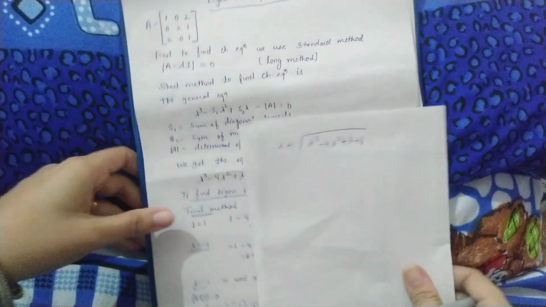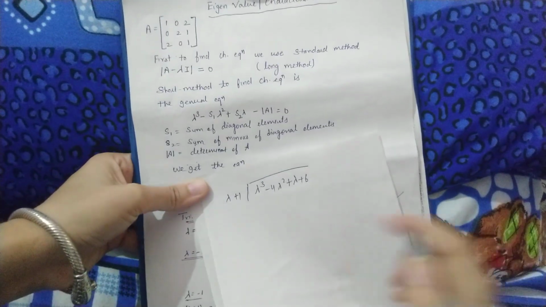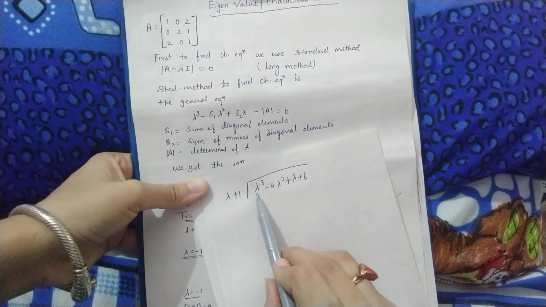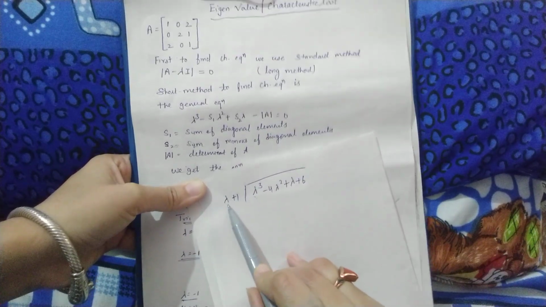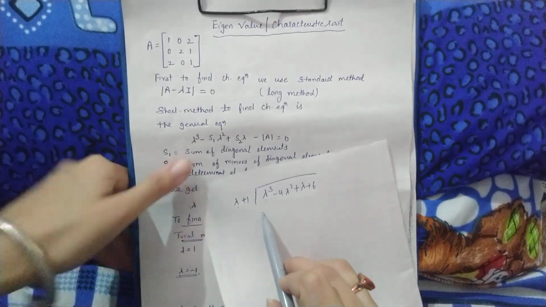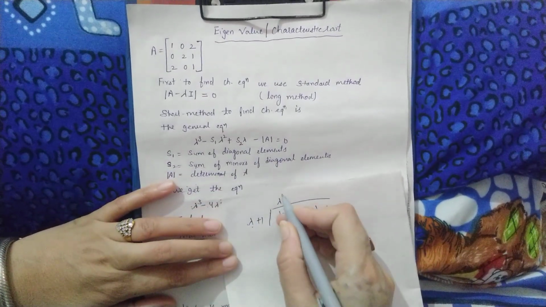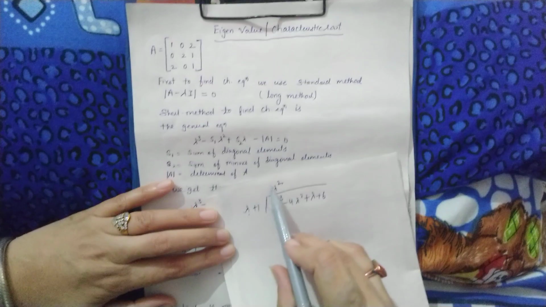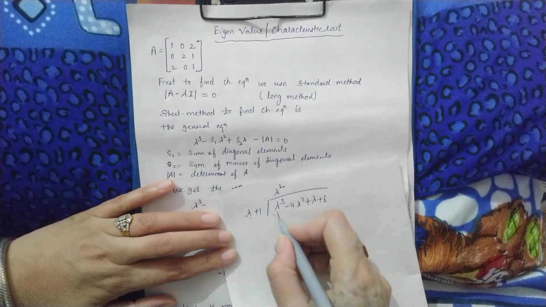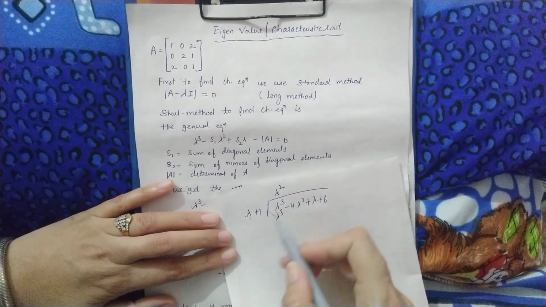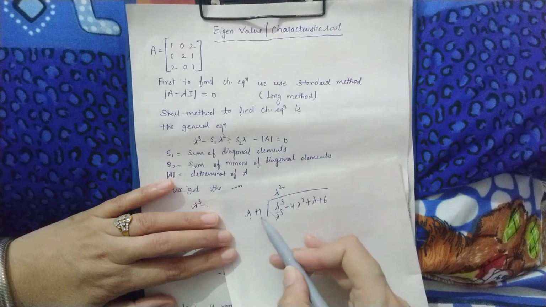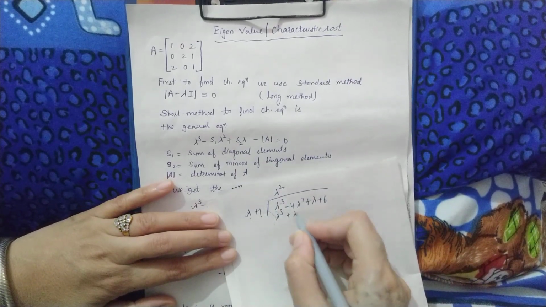Now you have to make lambda cube from lambda. How can you do that? By multiplying it with lambda square. So I am writing here lambda square. Lambda into lambda square is equal to lambda cube. Now multiplying lambda square into 1, that becomes plus lambda square.